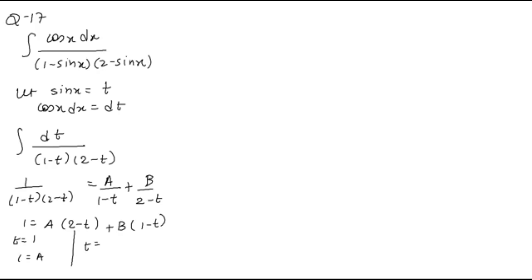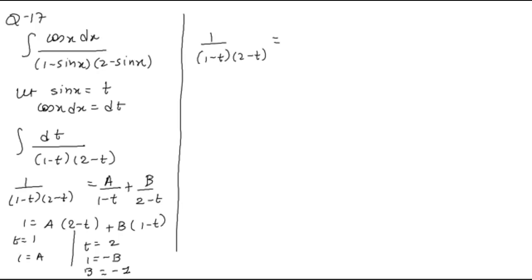And if I take t as 2, then a will get eliminated, and I will have 1 is equal to b into 1 minus 2, so b will be minus 1. So if I replace this, then I will have 1 upon 1 minus t into 2 minus t as 1 upon 1 minus t minus 1 upon 2 minus t.